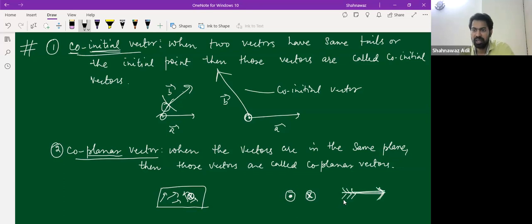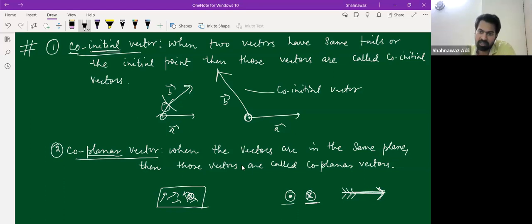If you are seeing the arrow from the front, how will it look? Will it look like this or like this? You are seeing the arrow from the front, so this has this part and this has this part. This is coming at you like this.